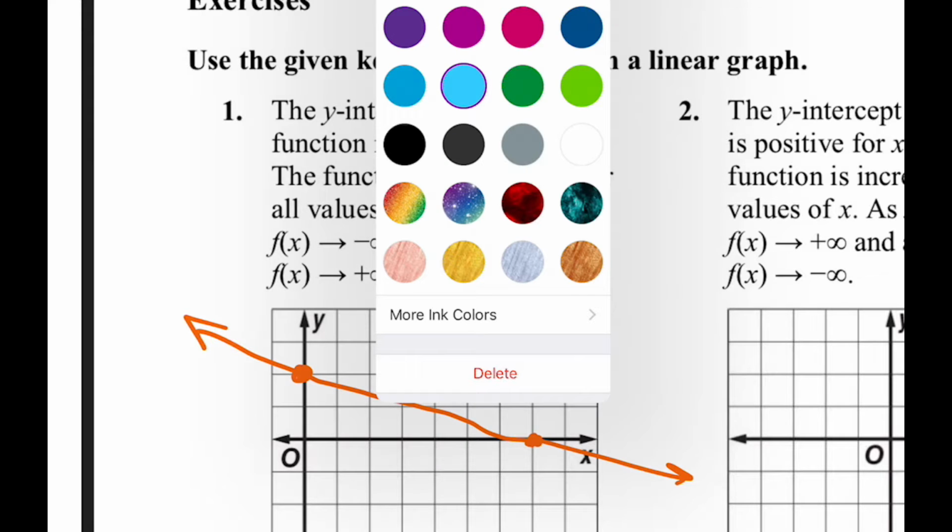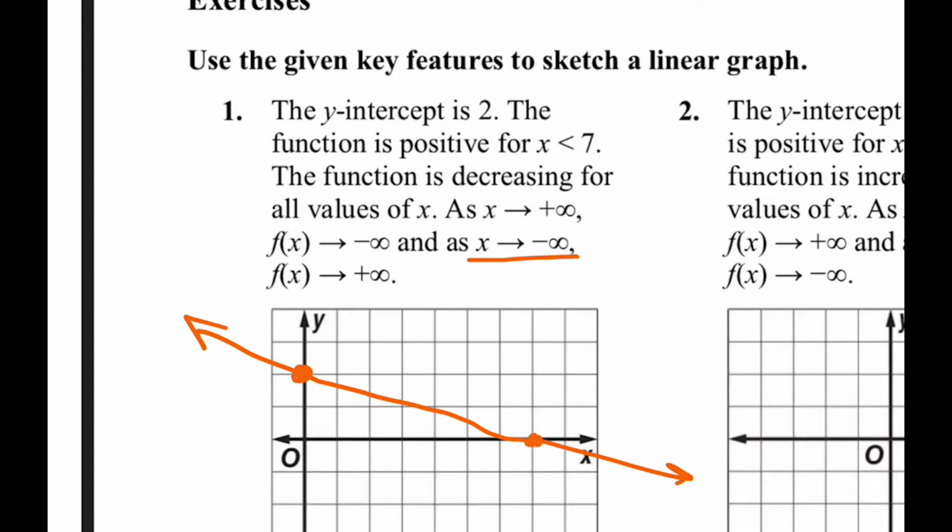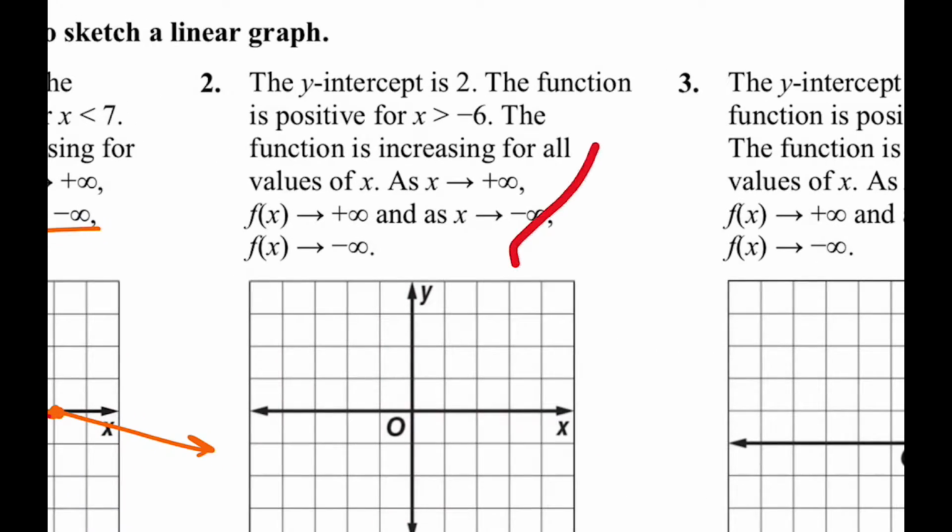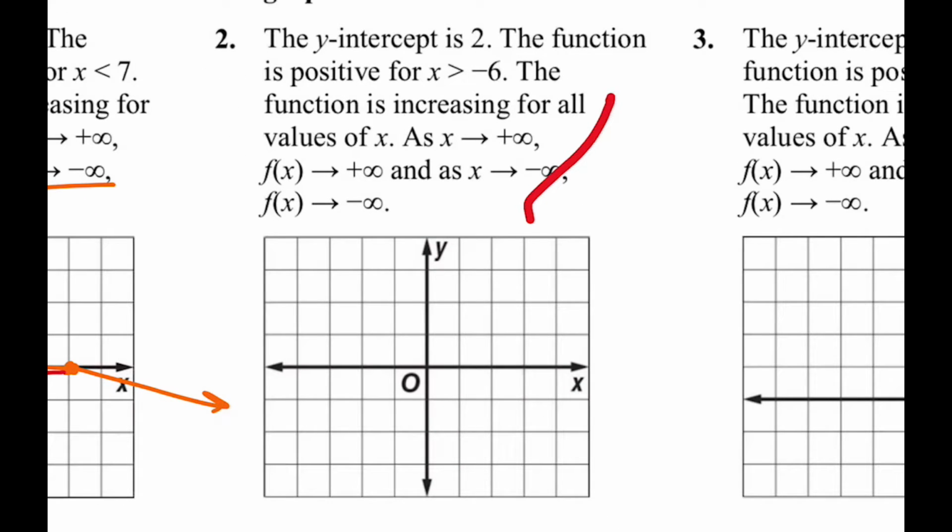So as x approaches negative infinity, my function is behaving, it's going to positive infinity, and that is true. As my x gets smaller and smaller, my y's get bigger and bigger, right? So that y term is going to go all the way to infinity as my x goes to negative infinity. Okay, all right, let's do the next one here.